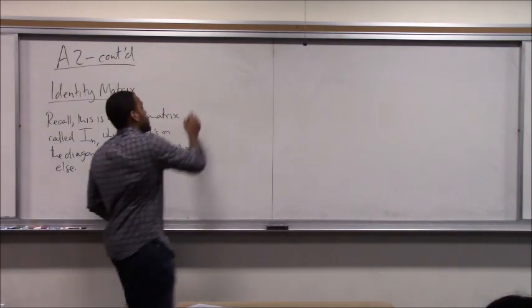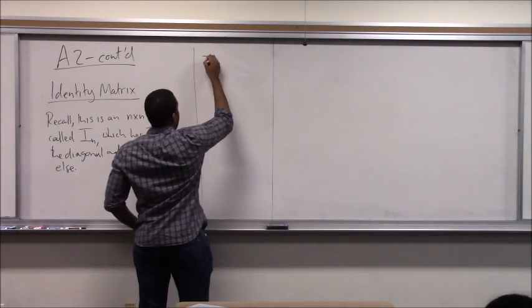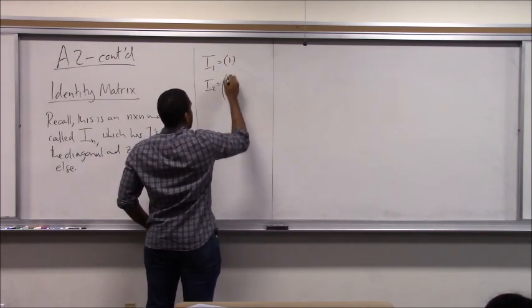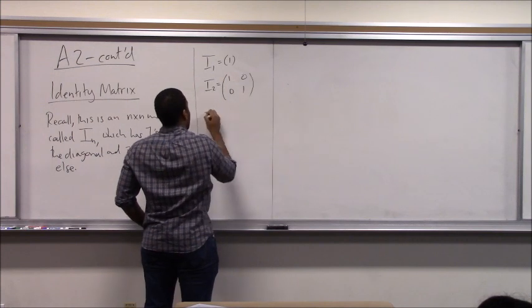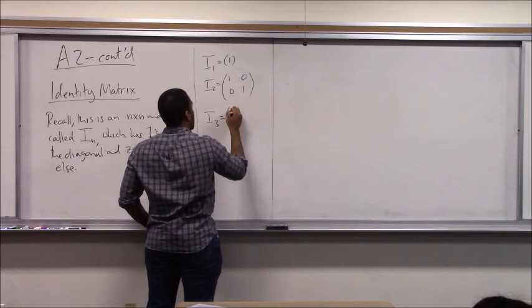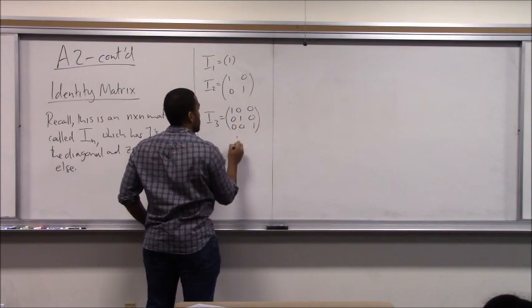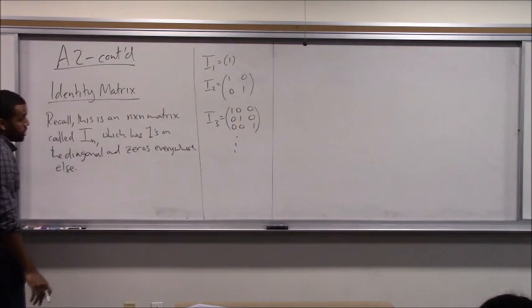So there are many versions. You can have many different dimensions. Of course, I_1 is just that guy. I_2 is just that guy. I_3 is that guy, and so on. These are called the identity matrix.